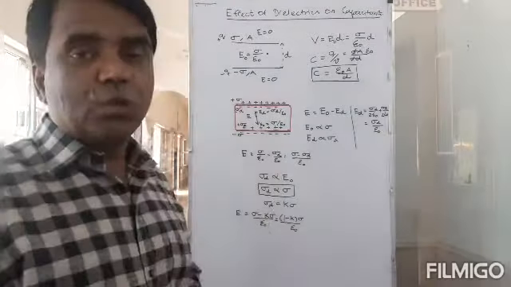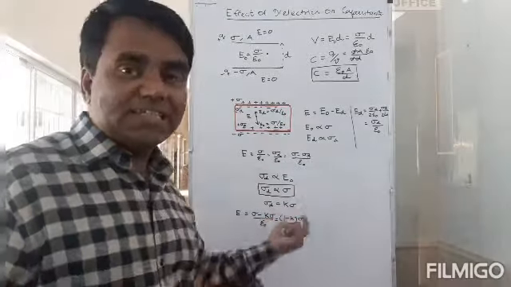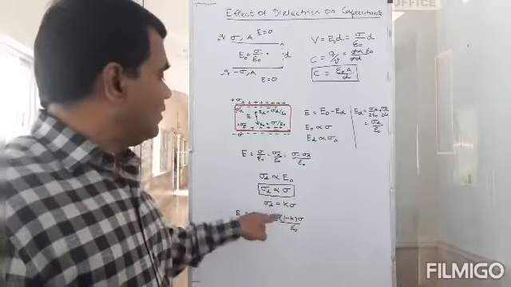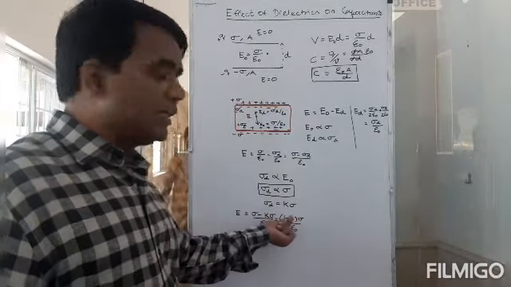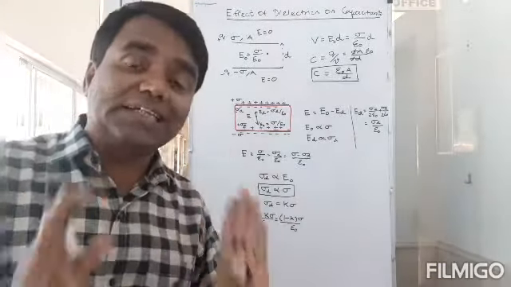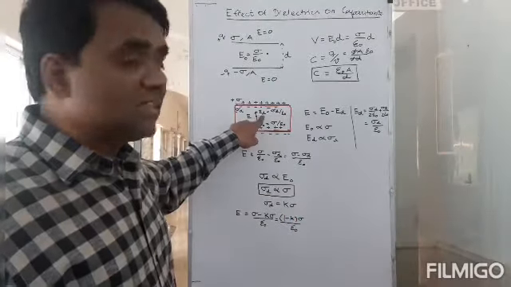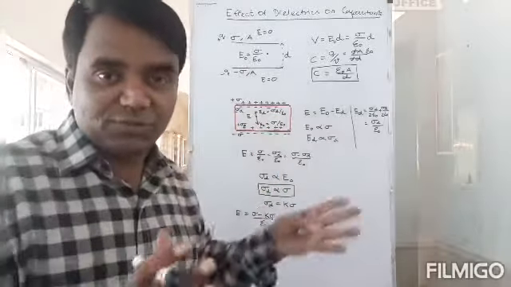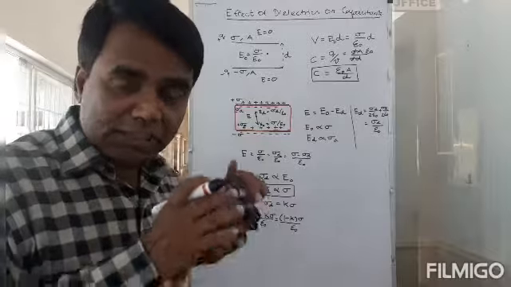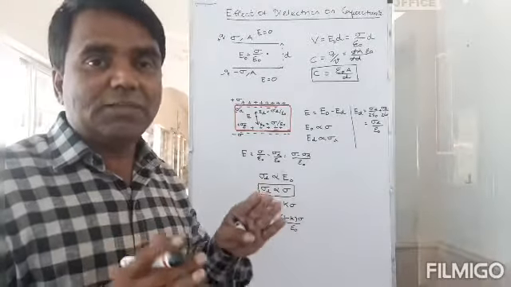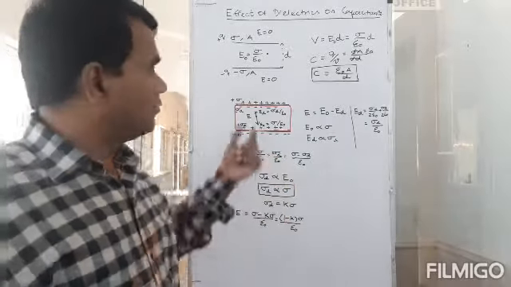This k will be a fraction. This k has to be less than 1 in this case. Why? Because when k is equal to 1, then 1 minus 1 becomes 0. That can happen only in the case of the conductor. So only in the case of the conductor can the field inside become 0. But if you take a dielectric substance, the field inside cannot become 0. It can only be reduced from the original value.